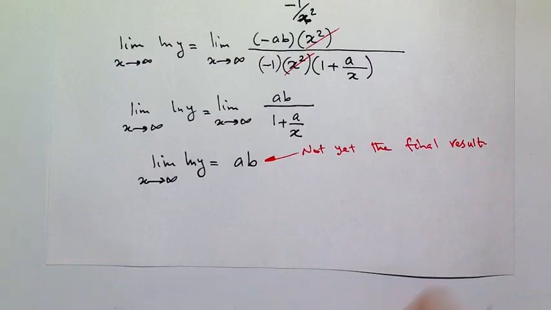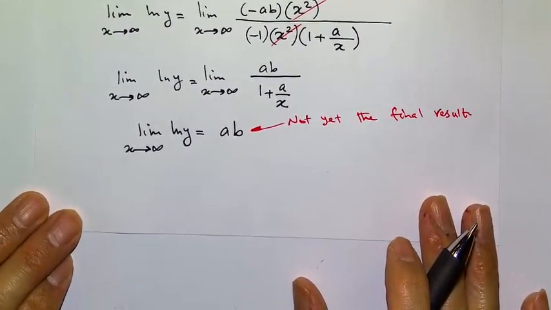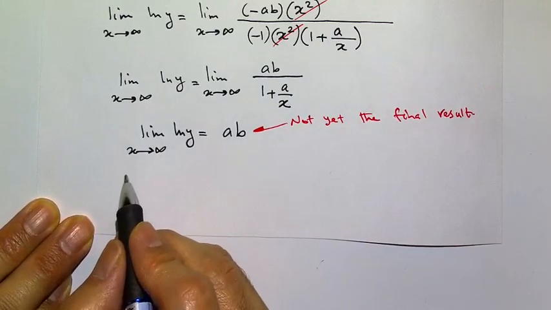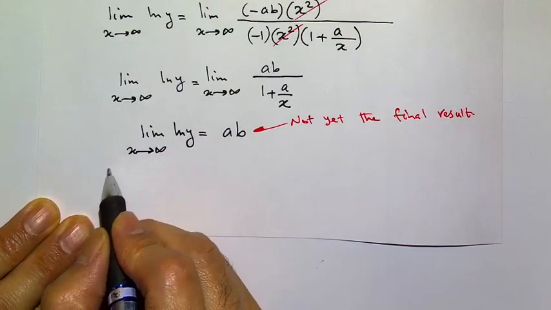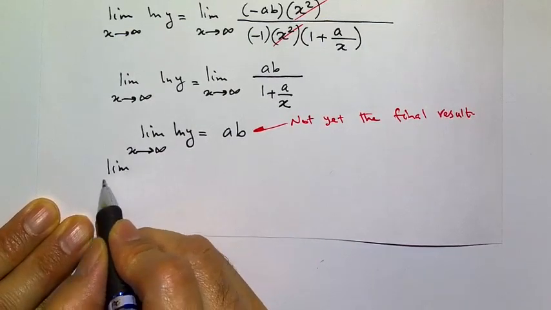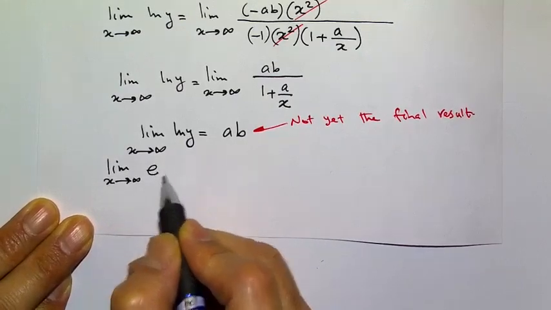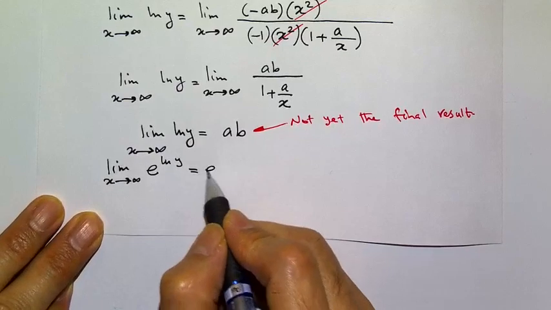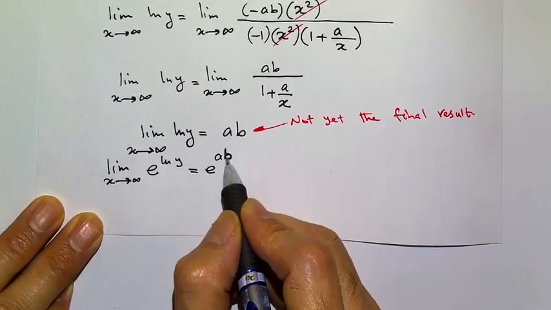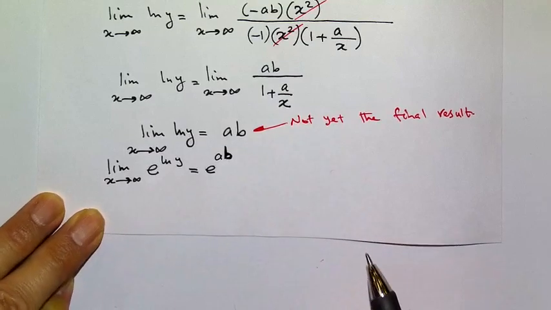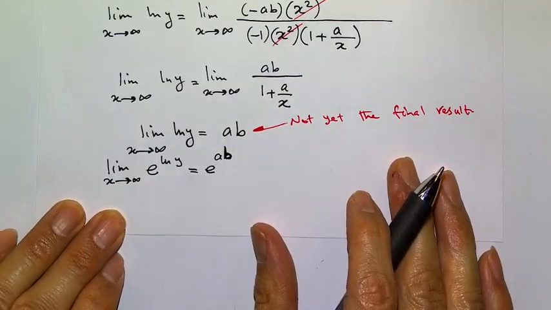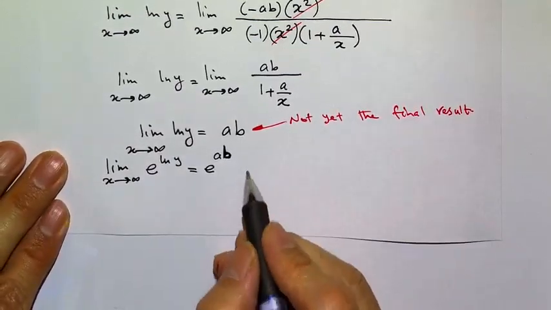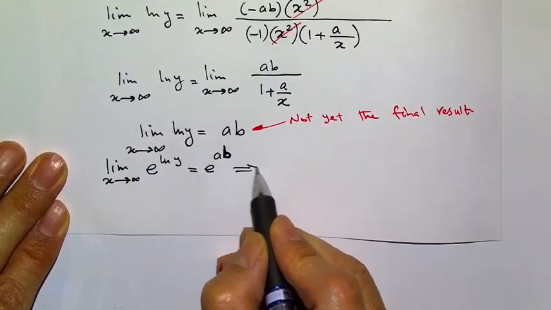So let me try to do it on this page. I don't want to go to a second page for this. It's better to keep the solutions on one page. So if we do that, it'll be limit as x goes to infinity of e to natural log of y would be equal to e to ab. So we take the natural exponential function of both sides, and so this side will be y.